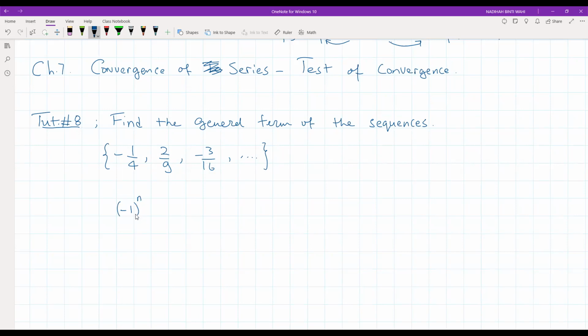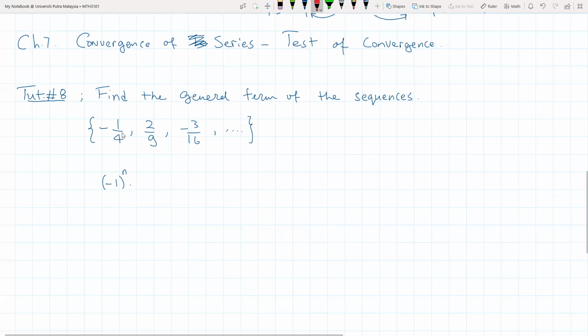So when n is 1, minus 1 to the power of 1 is minus 1. Okay, and I can see that this one is 2 squared.